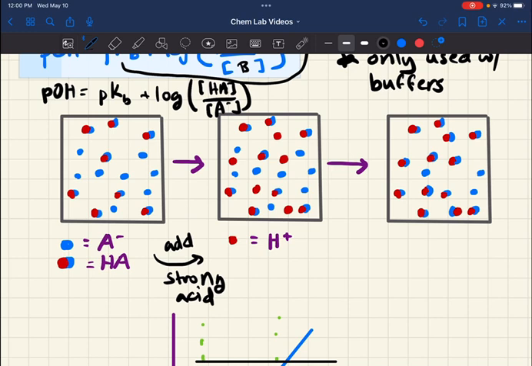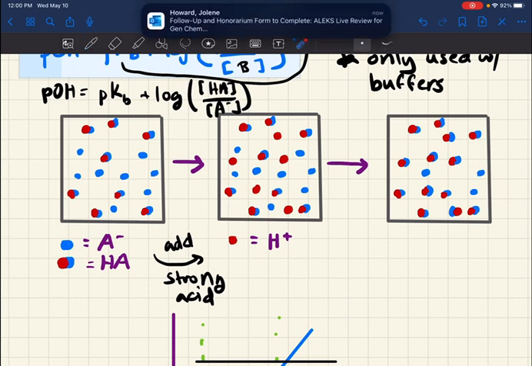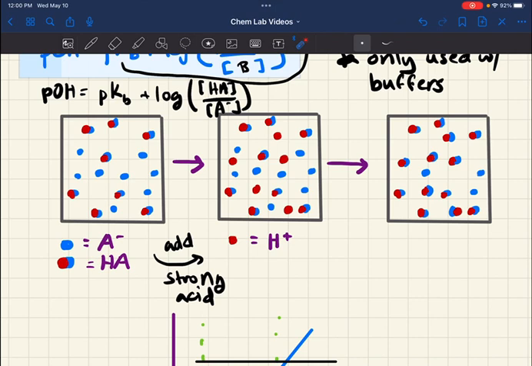And now in my solution, temporarily, when I do the addition, there are some red dots by themselves representing some of the strong acid that we've added. So in that moment in time, the pH may be expected to be lower because now we have H3O plus or H plus just floating around in solution, but the buffer will immediately react to that.